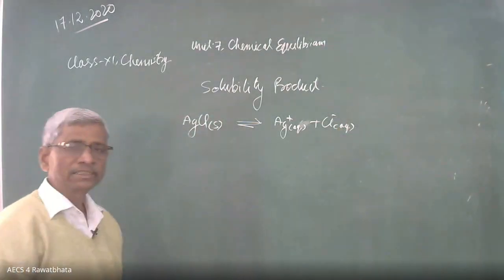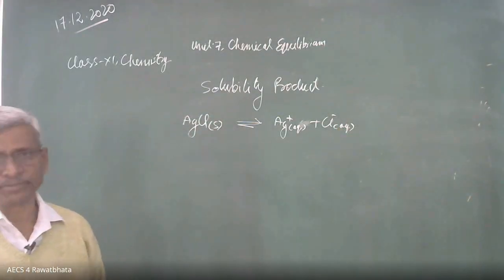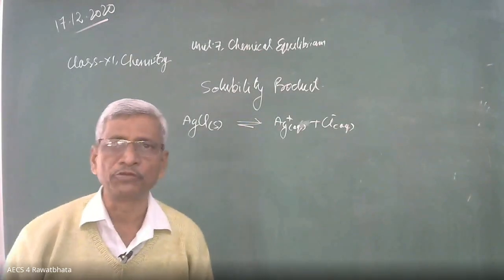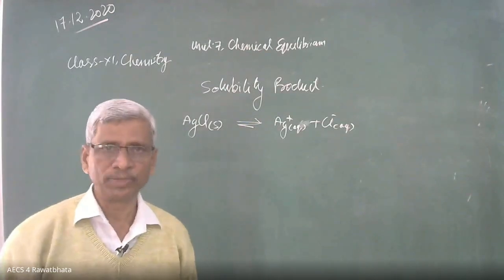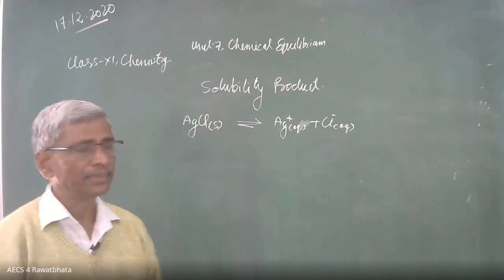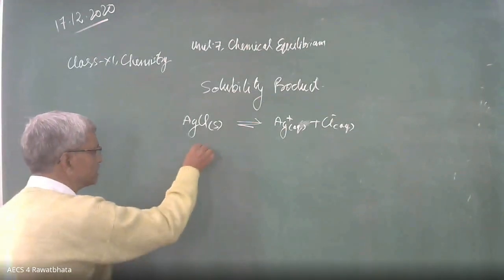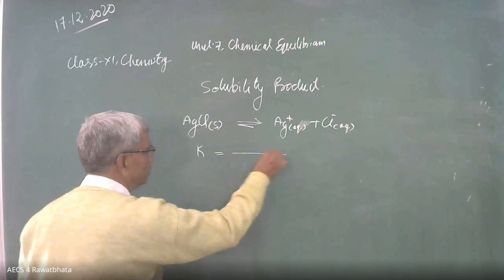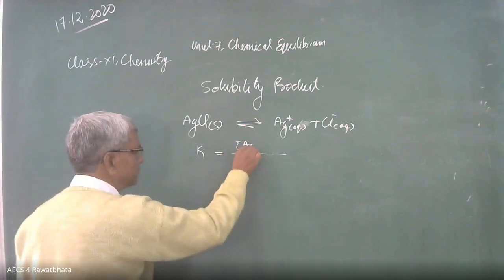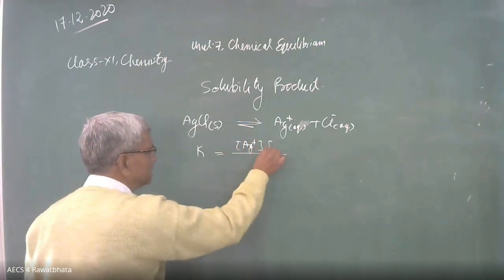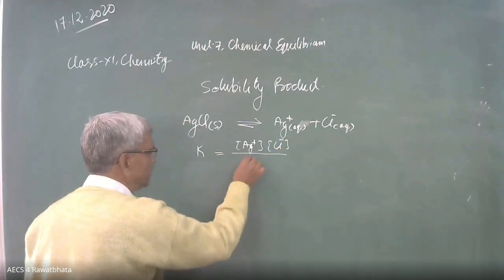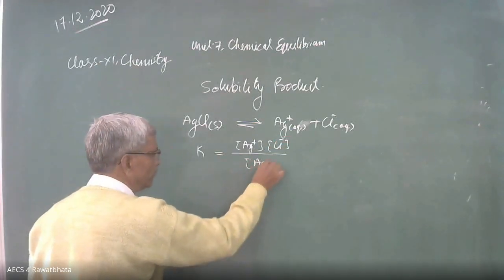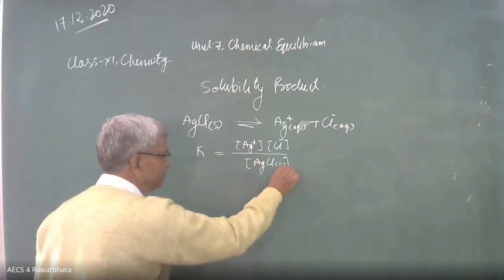Its solubility is near about 0.1 M, so it is sparingly soluble. So its equilibrium constant can be written as K equals the molar concentration of the products, Ag positive ion aqueous and Cl minus ion aqueous, divided by the molar concentration of AgCl solid.